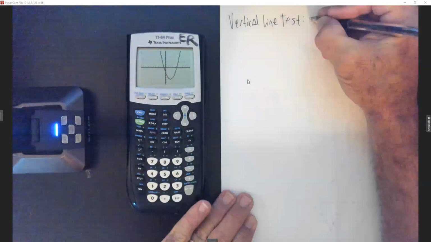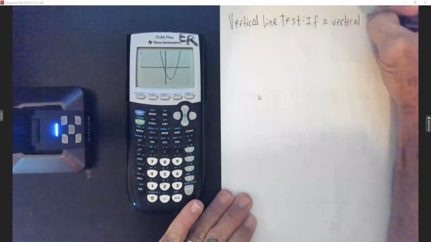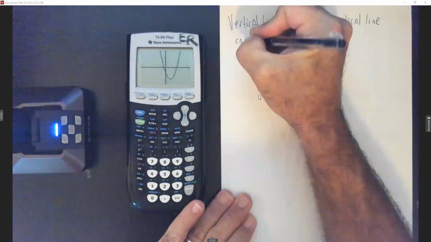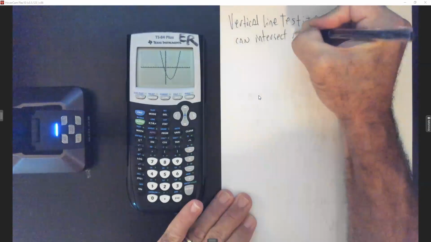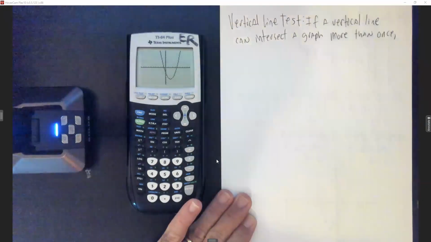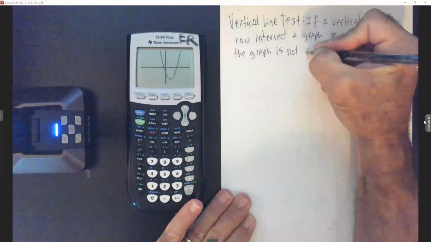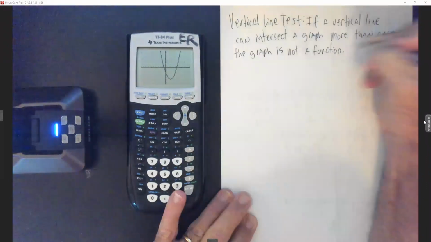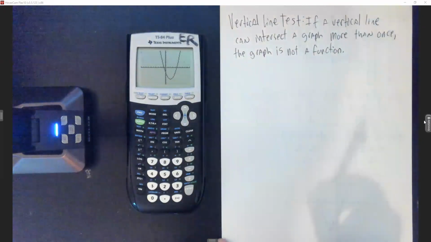If a vertical line can intersect a graph more than once, the graph is not a function. To be a function, it can only intersect once along that graph.